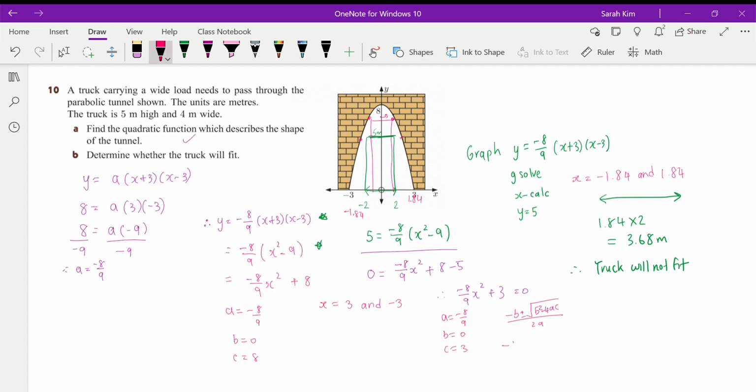So that would be 0 plus or minus the square root of 0 minus 4 times... So that would be minus 3 square root 6 over 4 is my answer.